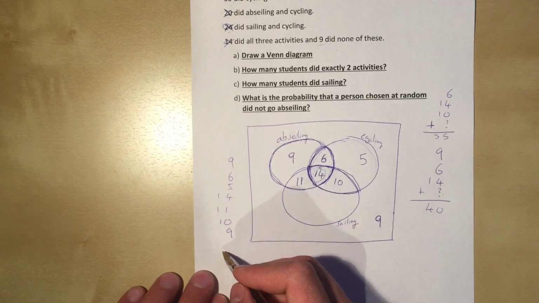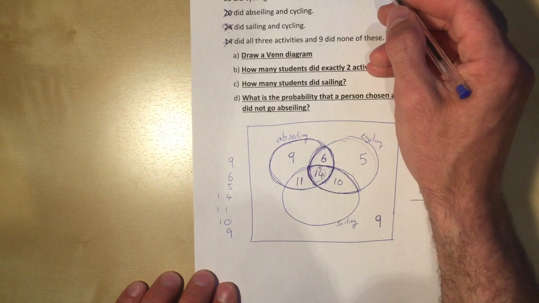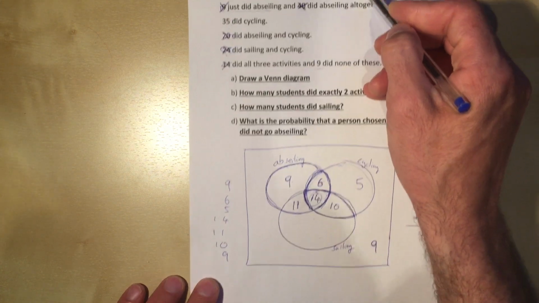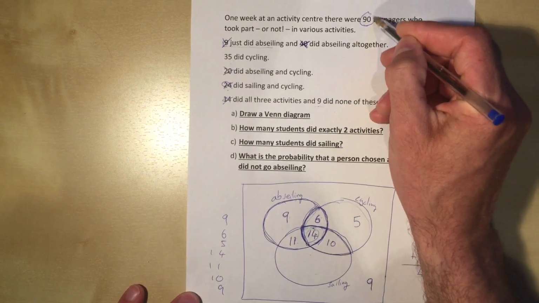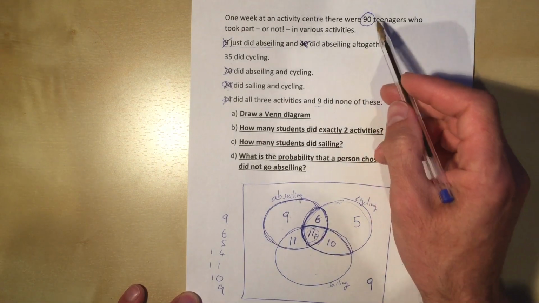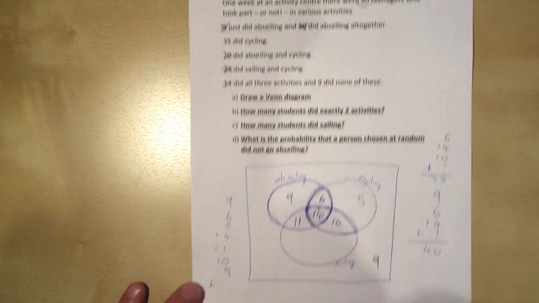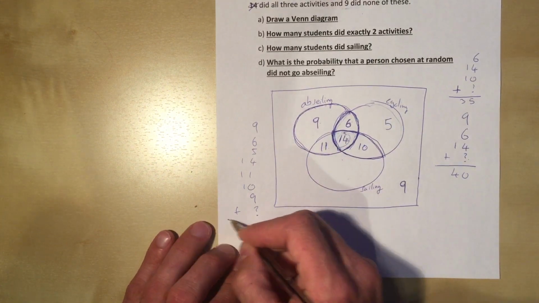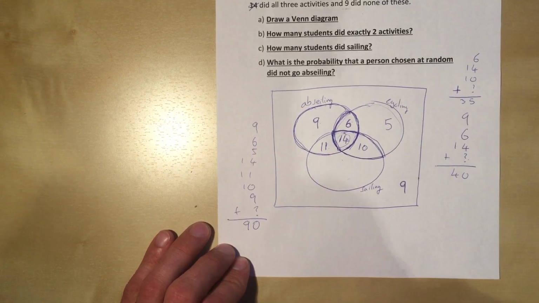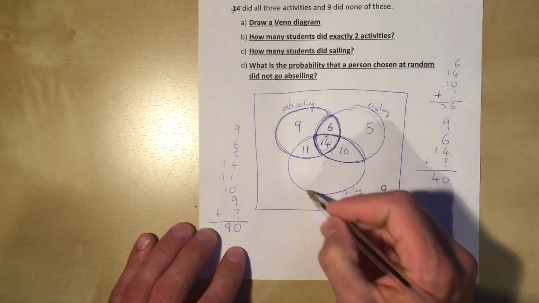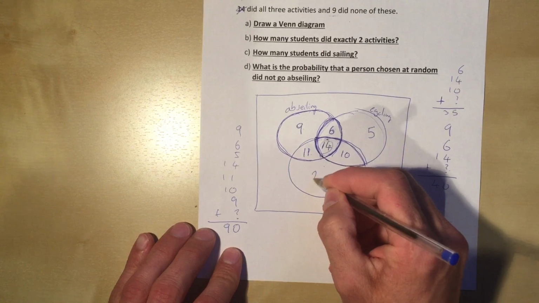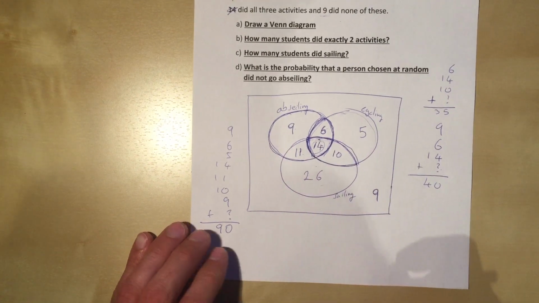Add all those up all together, and we know there are 90 students, because it says at the top 90 students. So all of that lot plus something makes 90, okay? And that something is going to be the missing part, which it turns out I think is 26.